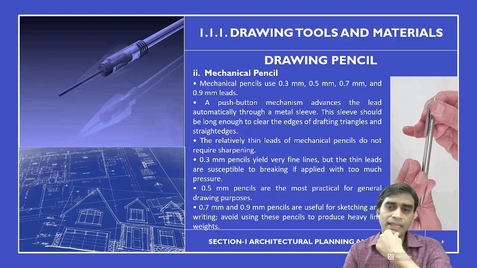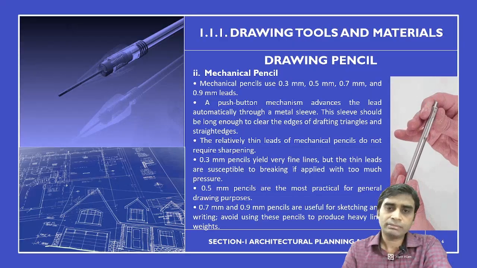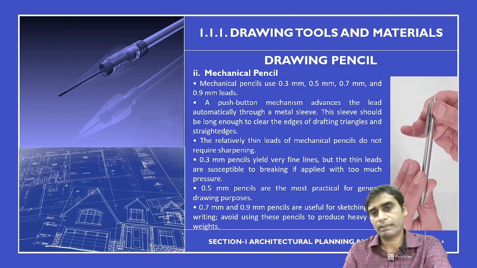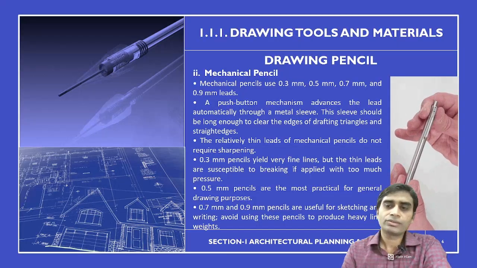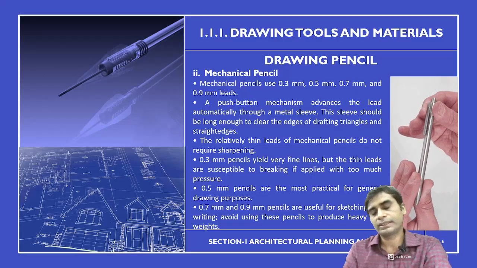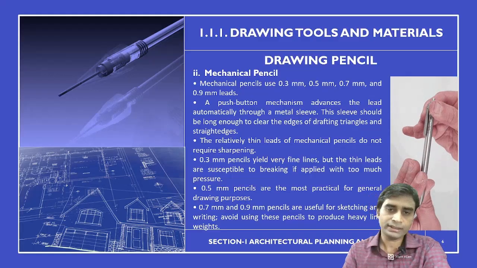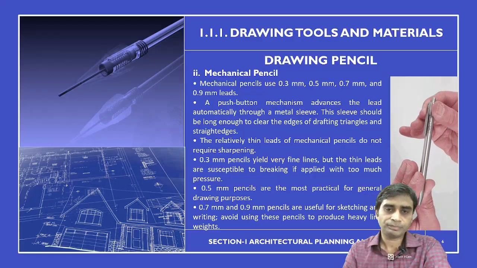Next is the mechanical pencils. These mechanical pencils use 0.3 mm, 0.5 mm, 0.7 mm, and 0.9 mm leads. So various types of leads are available for various thicknesses. A push button mechanism advances the lead automatically through metal sleeves.